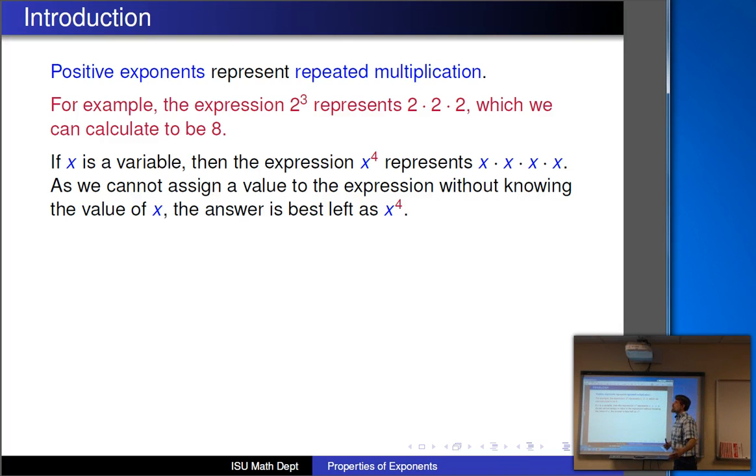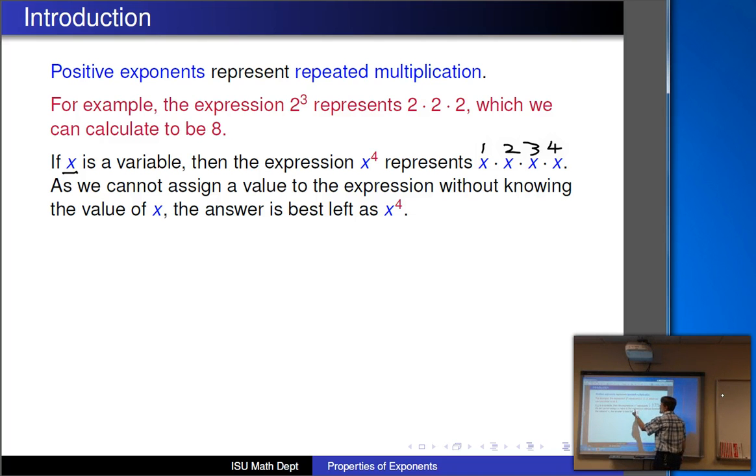The next example, we don't have a specific number. We have a variable x, and that variable x represents any one of a number of different values, all right? We want to multiply it by itself 4 times. 1, 2, 3, 4. All right, that'll give us x multiplied by itself 4 times.